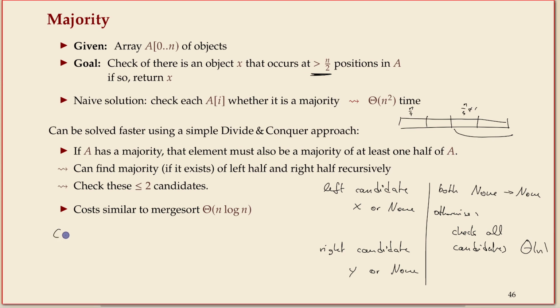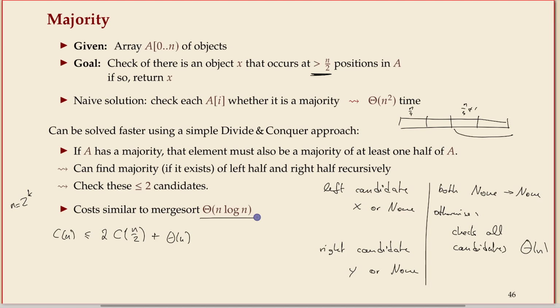So the overall cost in the worst case, we'll have to do the recursion on the left and the right side. Assuming that things work out nicely and we don't have to round, so assuming n is a power of 2, then we have two recursive calls on half the size, and we add something that's linear in n from checking the candidates. And that's precisely the shape that we've had for merge sort, and so the solution is of the same order of magnitude.